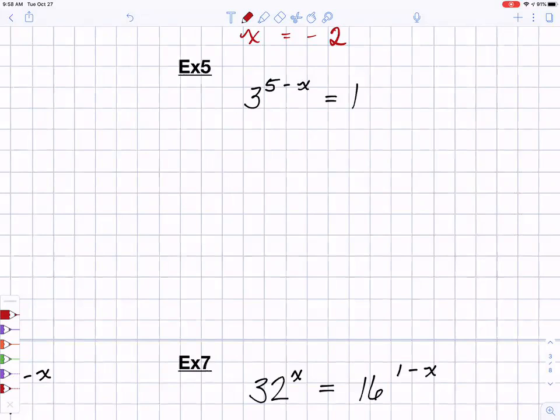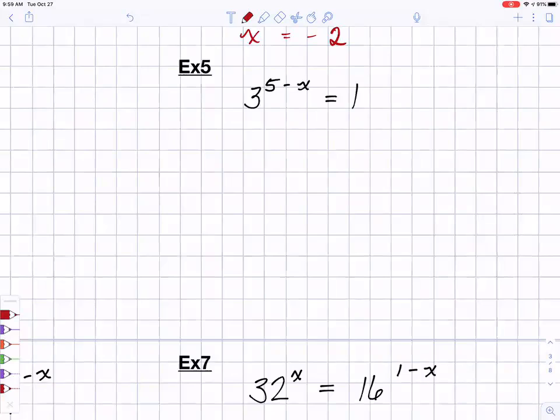What does rule number 8 say? I don't remember. Rule number 6? Which one is that? Okay. A to the what? 0 equals 1. Oh, so I could change my 1 into a base of 3 if my base of 3 had a power of what? 0.